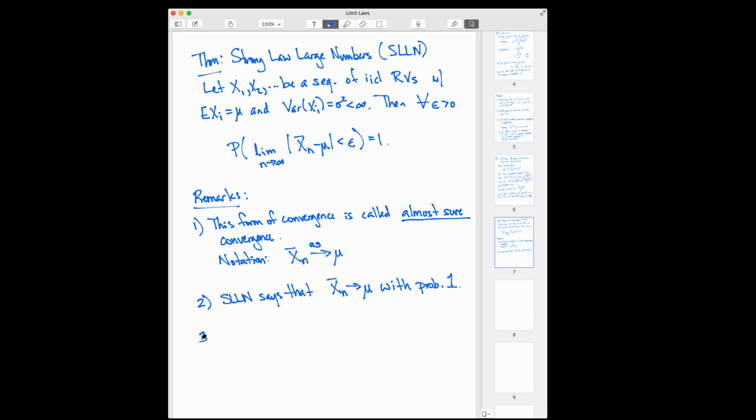The last comment I have is that almost sure convergence is stronger than convergence in probability. So it's a stronger form than convergence in probability.